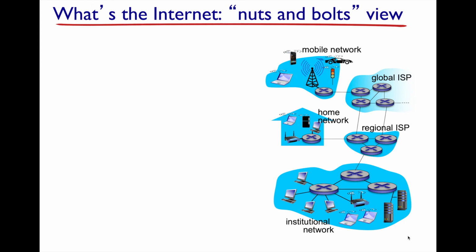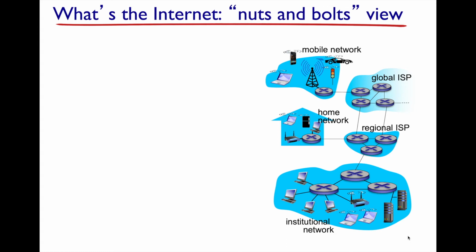It's similar, not the same, but similar to an institutional network. In a home network you might have a handful of devices. Maybe if it's a large family you have a dozen or two dozen, but usually 3 to 10 devices is typical for an average home.